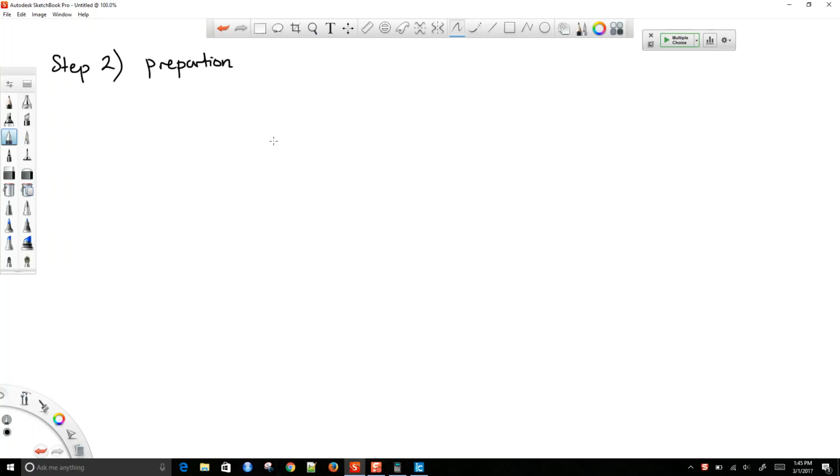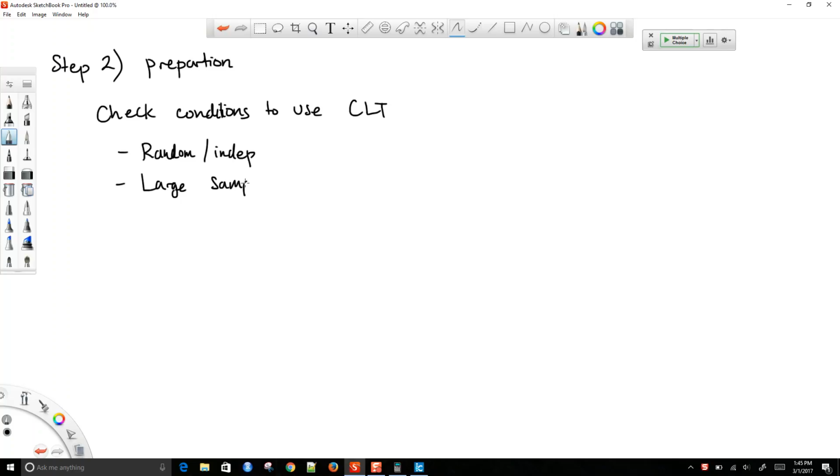In this step we check the conditions to use the central limit theorem. And this is your random and independent condition, the large sample condition, and the big population condition, right? So you check these things.